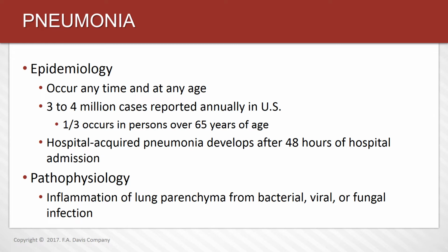So individuals over 65. Pneumonia is classified into different types: community-acquired pneumonia, methicillin-resistant Staphylococcus aureus community-acquired pneumonia, hospital-acquired pneumonia, and healthcare-associated pneumonia. So those are the different types, right?